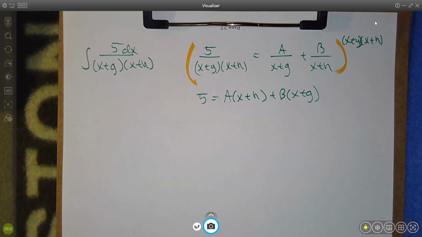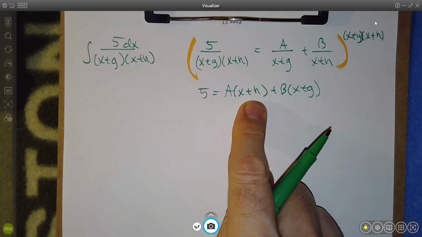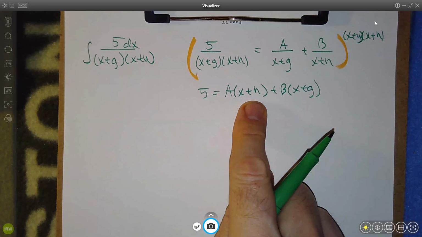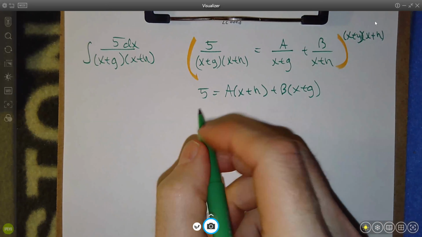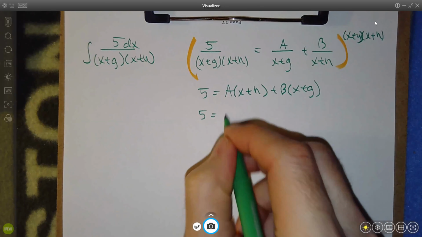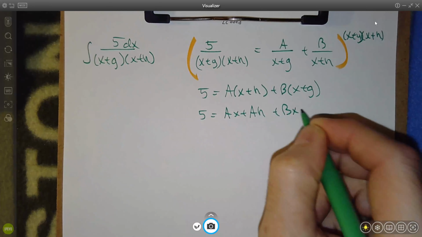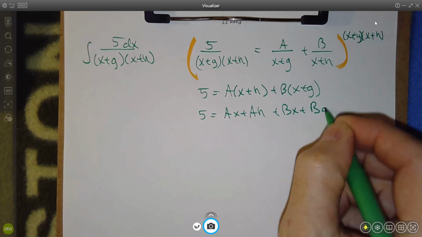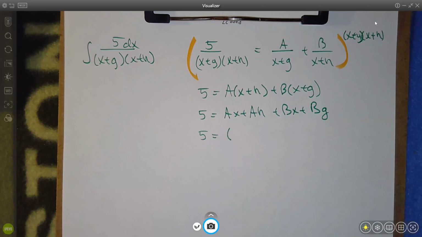And we'll play our game again. It's not really easy to plug in x equals negative h, so that nice little trick that I let you in on in the last one doesn't help us out here. But I can rearrange things. So that's going to be ax plus ah plus bx plus bg. So we're going to put our x's together.